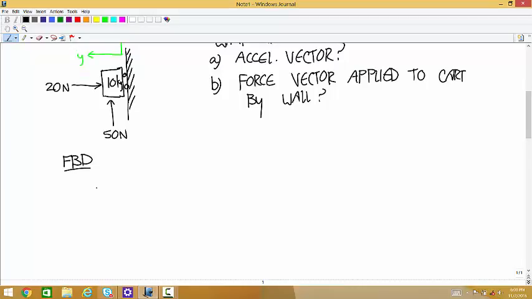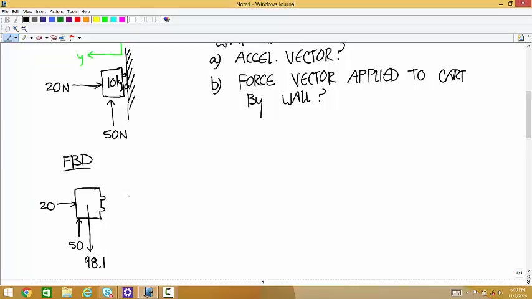Okay, so now the free body diagram. There's a weight force that acts straight down, and it has a mass, so it's a total force of 98.1 newtons. Then there's the upward force of 50, the force to the right of 20.